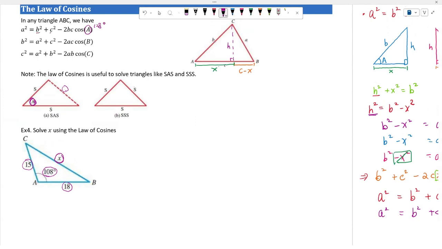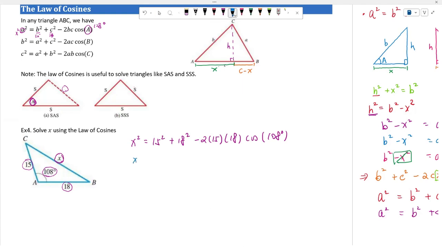Then b and c are adjacent to the angle, so this one could be 15 and this one could be 18. The a squared is the position of x. So we will have x squared equal to 15 squared plus 18 squared minus 2 times 15 times 18 cosine of 108 degrees.